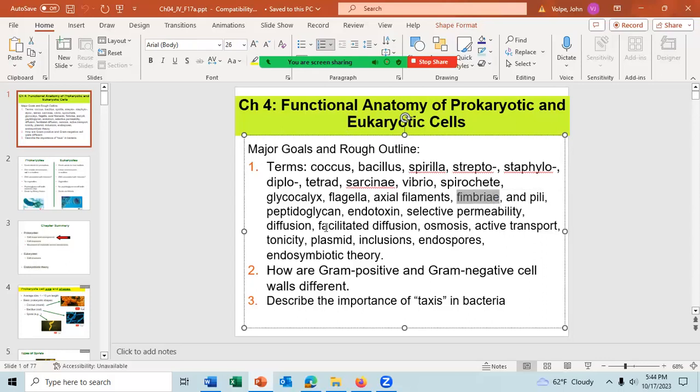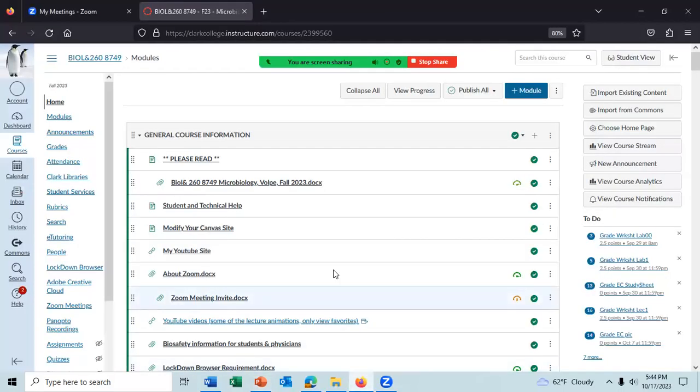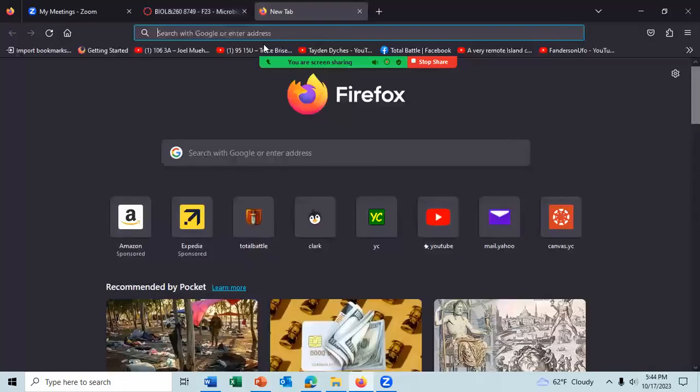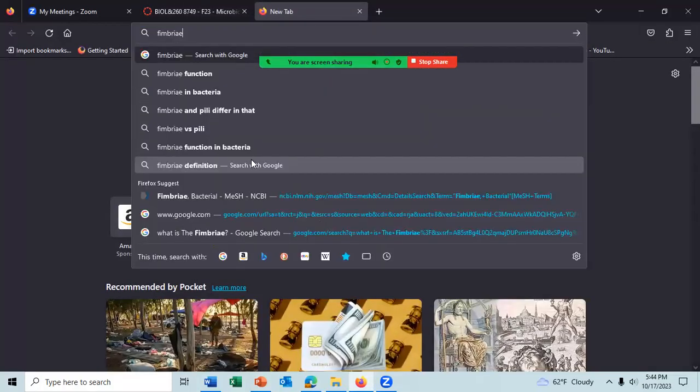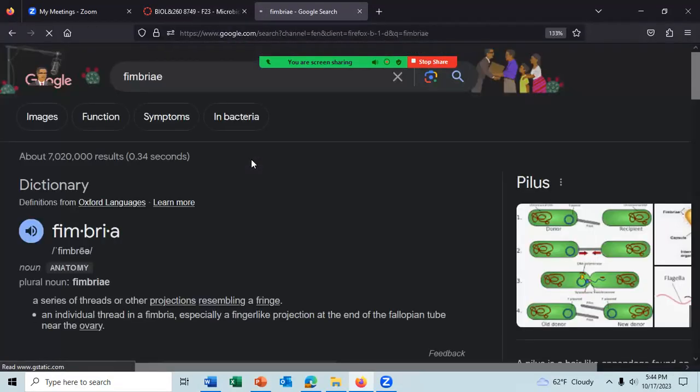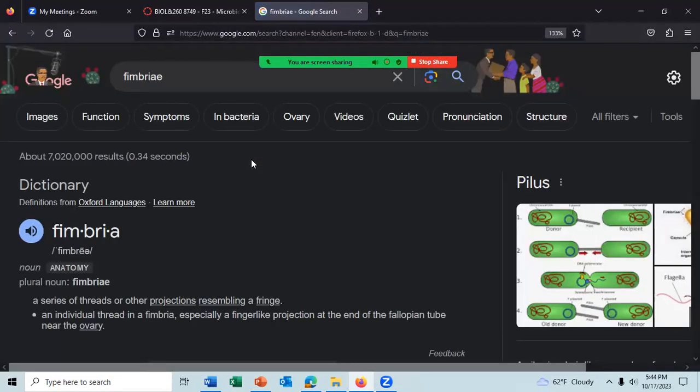Diffusion, facilitated diffusion, osmosis, active transport, tonicity, plasmid, inclusions, what are endospores, and then lastly, we will talk about the endosymbiotic theory. The endosymbiotic theory is actually the anatomy of eukaryotic cells. So it is fimbriae. I've been saying it wrong. Fimbriae.